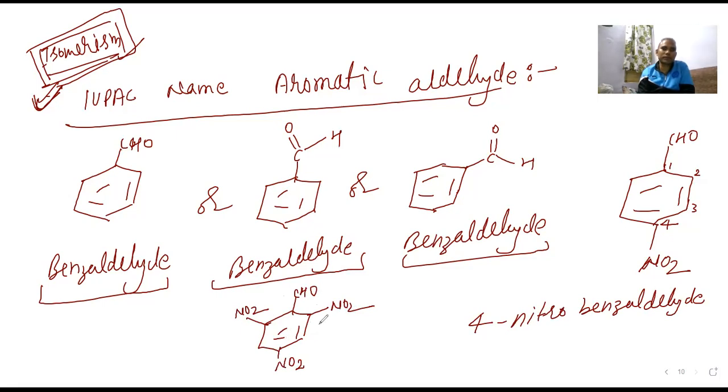Should we do the numbering? 1, 2, 3, 4, 5, 6. Very good. So it will be 2, 4, 6-trinitrobenzaldehyde.